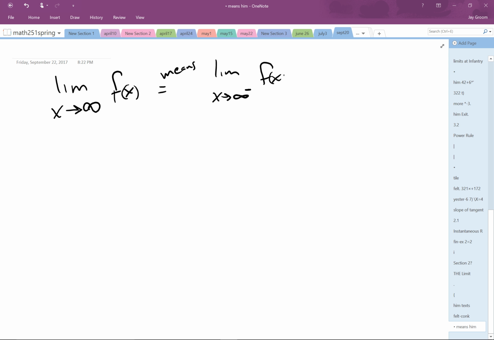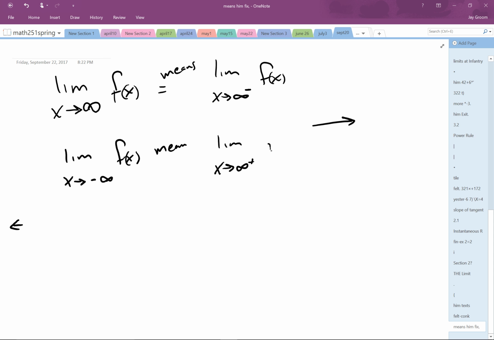Because that's the only way you can head towards positive infinity. That's the only way you can get there, is to come at it from the left-hand side. Ditto, when I say to you I want to move toward the negative infinity, which is way over on this side of the screen. The only way you can do that is to approach it from the right.